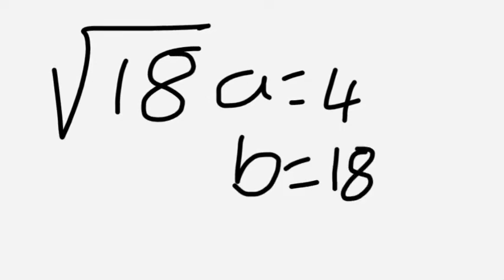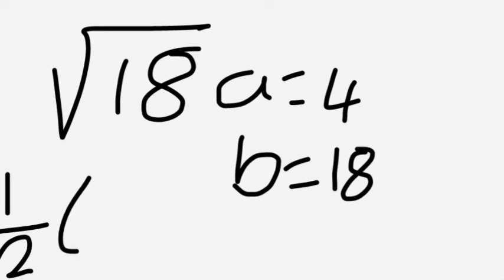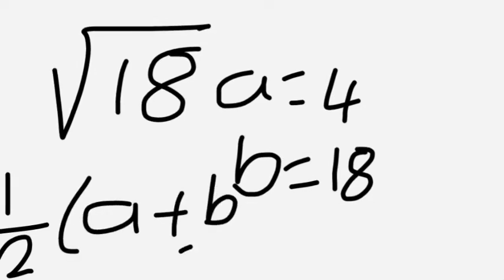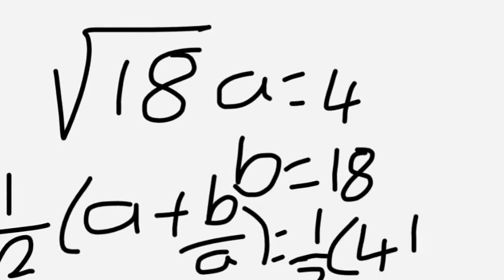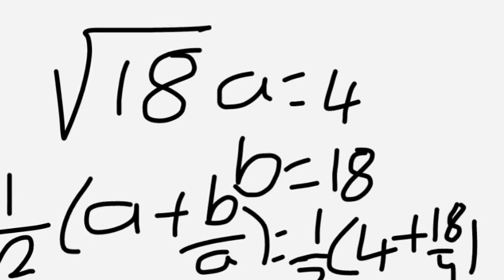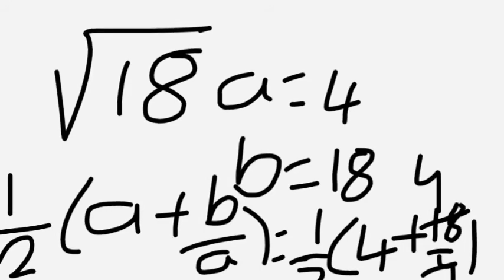Just remember this step: a plus b by a. Just substitute as it is. So 4 plus 18 by 4. 4 goes exactly 4 times and 2 remains, so we add a point, making it 20. 4 fives are 20, so exactly 5 times.